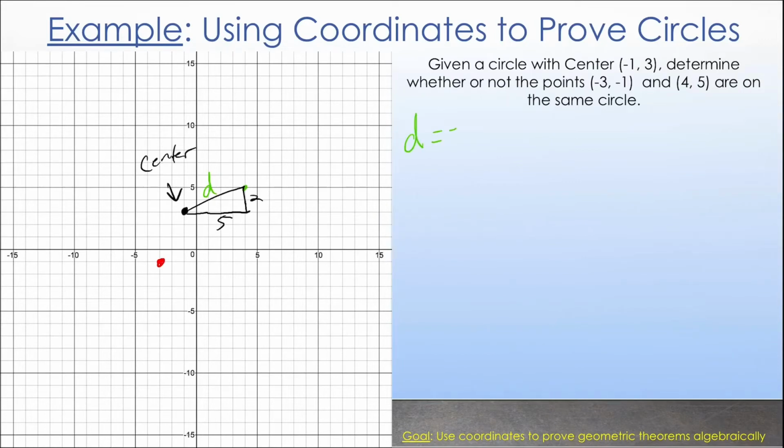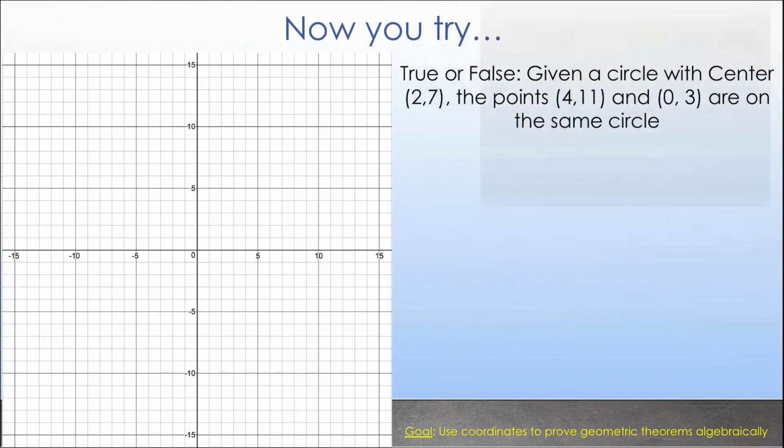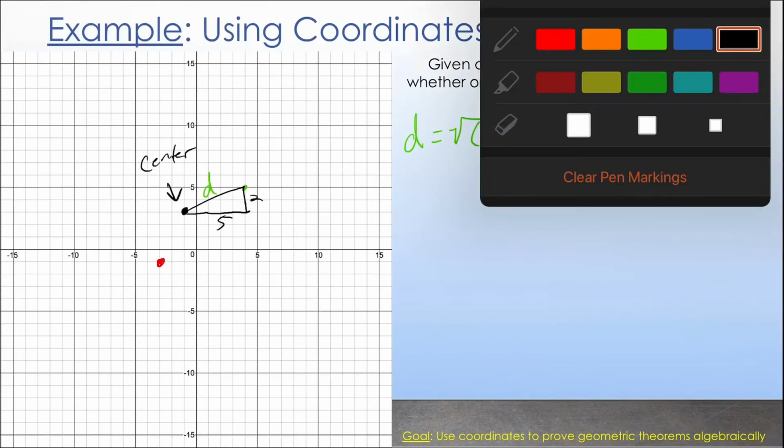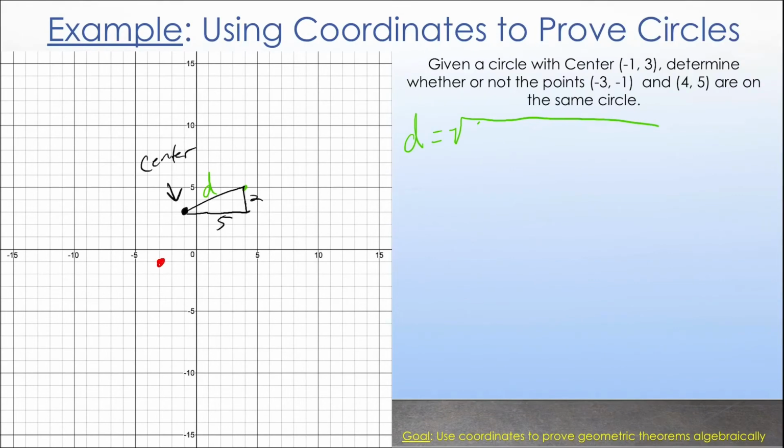I'm going to say the distance equals the square root of, we could have used the points, I counted because I have the graph here. 5 squared plus 2 squared. I'll do the true distance formula on the next one. 25 plus 4. Distance equals the square root of 29.